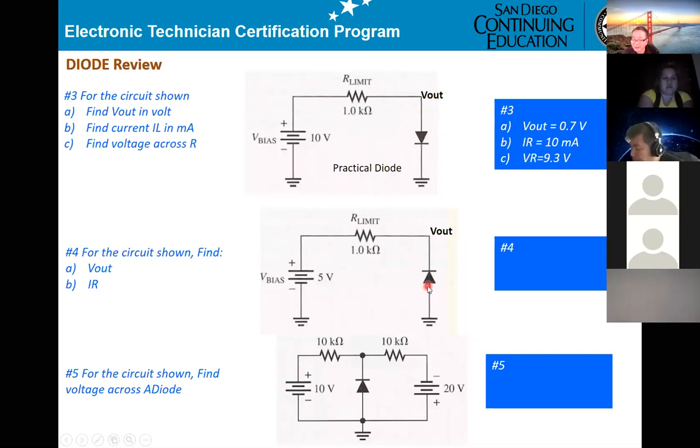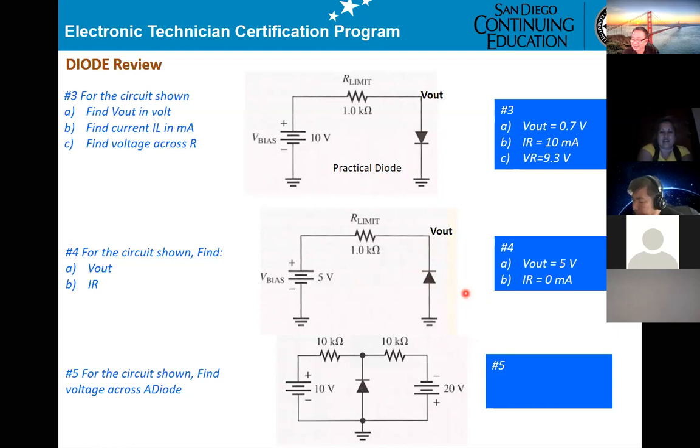What Vout? 5 volt, because it is open. Current is 0, IR is 0. Okay, number 5.